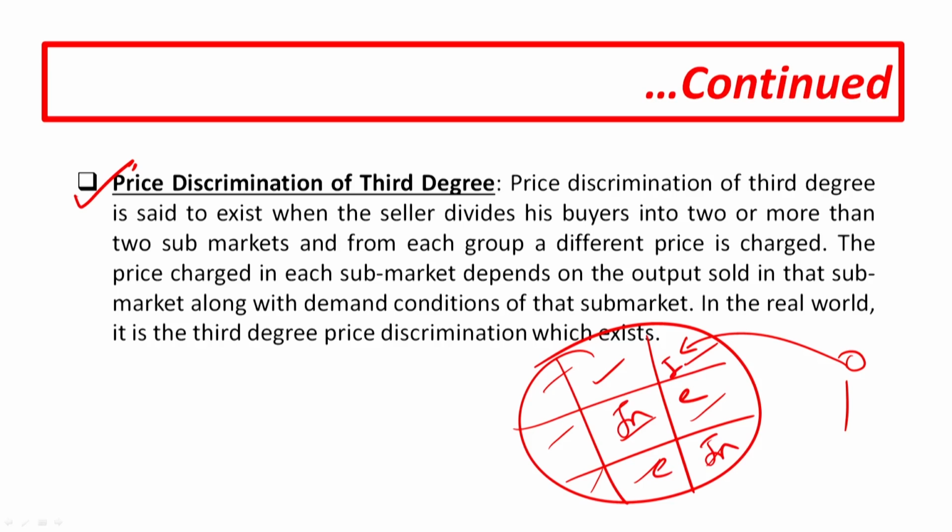That means it is the elasticity of the demand of the product that will decide the price charged by the monopolist. So, the monopolist does price discrimination on various market bases by considering the elasticity of demand of the product.